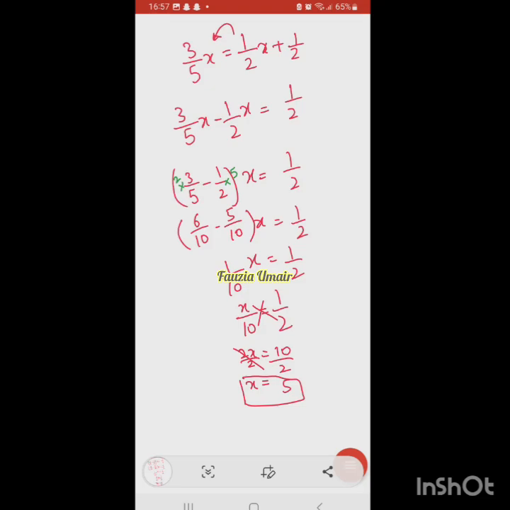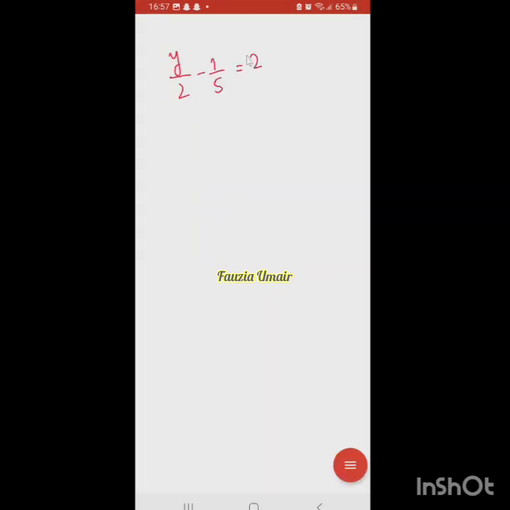You have y by 2 minus 1 by 5 is equal to 2 minus y by 3. How many terms are there in this question? 4 terms. So 2 are the variable terms and 2 are the constants. ठीक है?